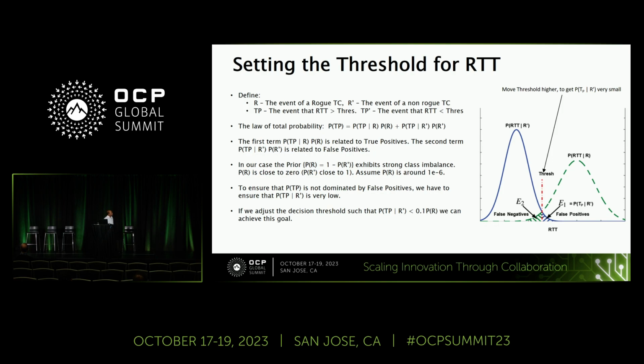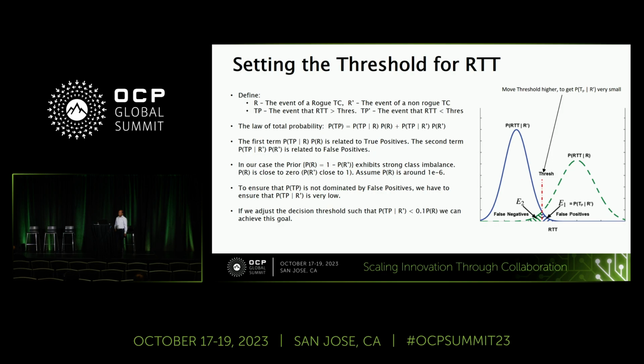So let's move to the next slide. This is an example that shows the problem. If we look at the blue curve here, this is the distribution of delay measurements when no rogue TC is present, so we typically get smaller delays.